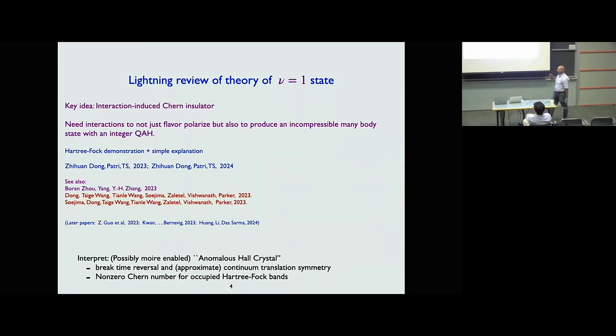So the lightning summary of what we've learned is that the key idea to understand this nu equals 1 state is that it's not a Chern insulator in the same sense that, say, twisted MoTe2 or TBLG aligned with hBN is a Chern insulator. Rather, you need electron-electron interactions to not just flavor polarize, but even produce the incompressible many-body state, which has an integer quantum Hall effect, right?